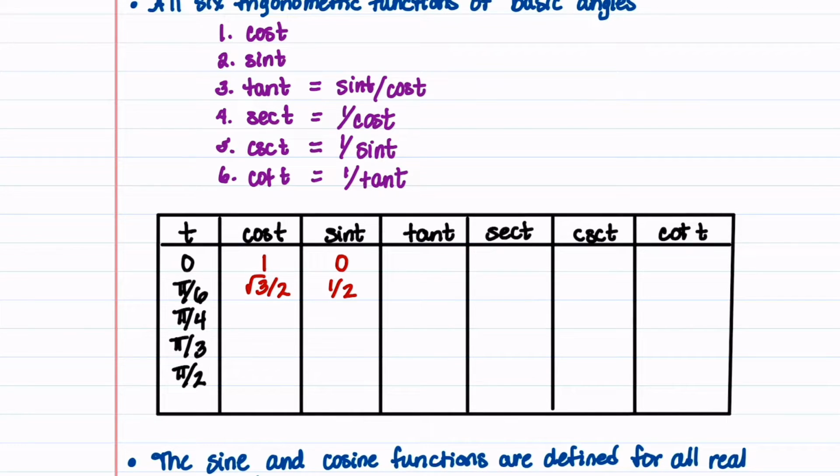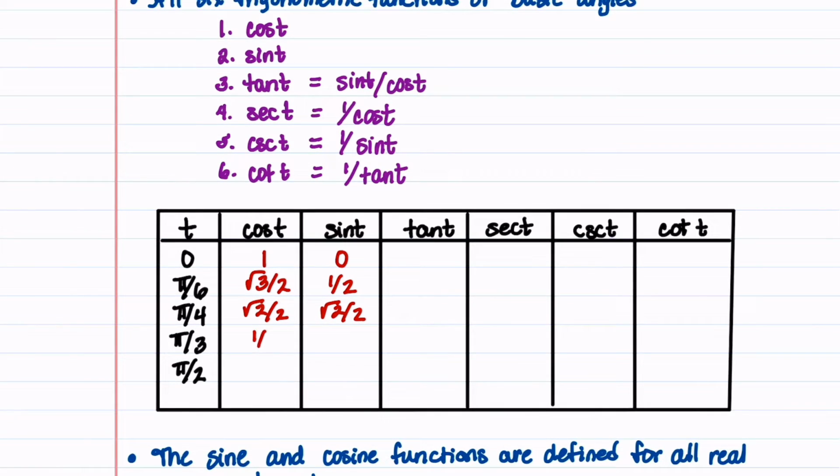For t is pi over 4, both of our values are root 2 over 2. When t is equal to pi over 3, our cosine value is 1/2, and our sine value is root 3 over 2. And then lastly, when t is pi over 2, our cosine or x value is 0, and our sine or y value is equal to 1.